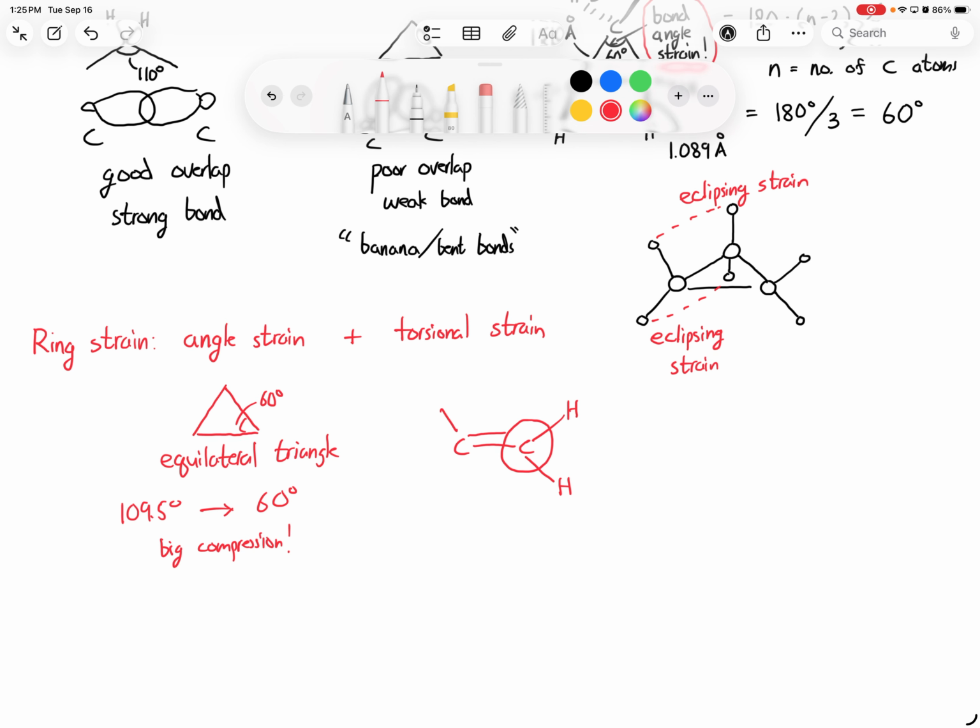And then all of these are going to have eclipsing interactions. Okay, so like that. And then we have this other H in the back. So that's the back carbon. So you're going to have a set of eclipsing interactions here. Eclipsing.